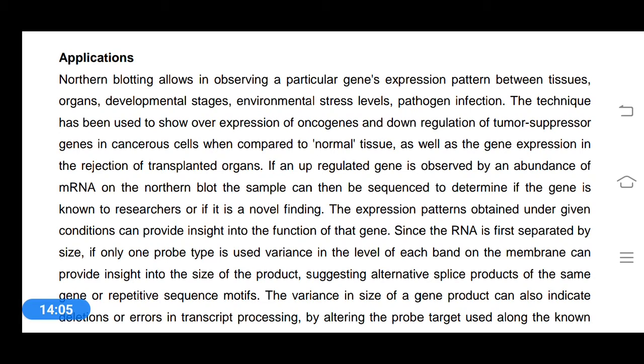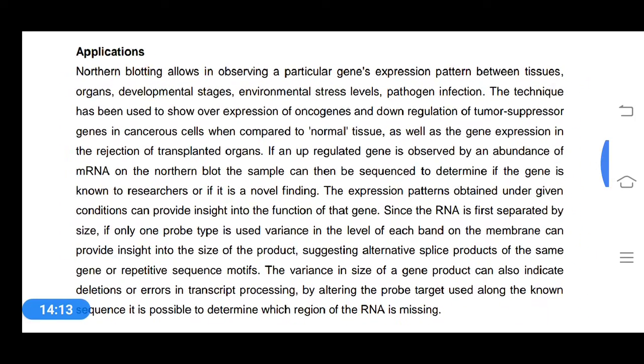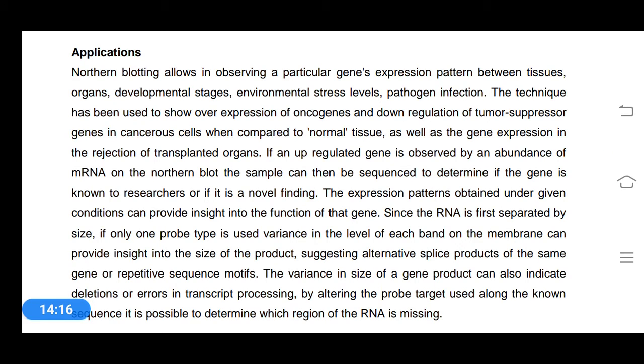If you see applications, this northern blotting allows observing particular gene expression patterns between tissues, organs, developmental stages, environmental stress levels, pathogen infection, etc. So this northern blotting will help us identify gene expression patterns between tissues, and between organs.